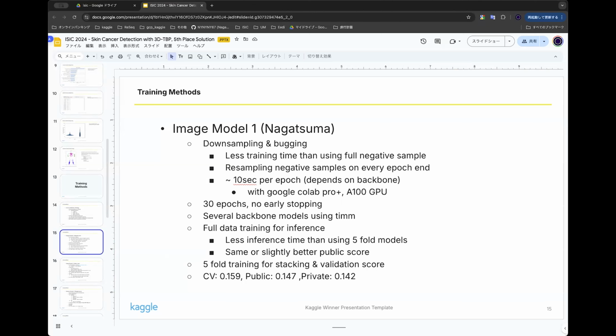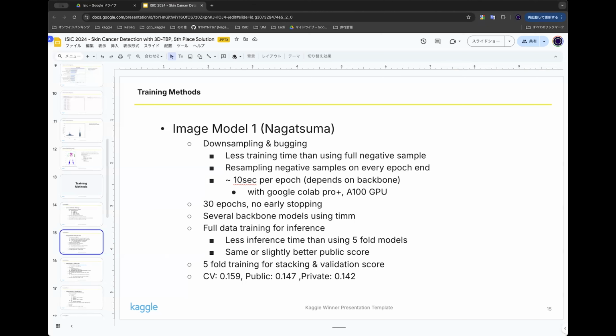For inference, I trained one model on the full dataset, which not only reduced inference time but also achieved performance that was comparable to or even slightly better than using the traditional five-fold models.